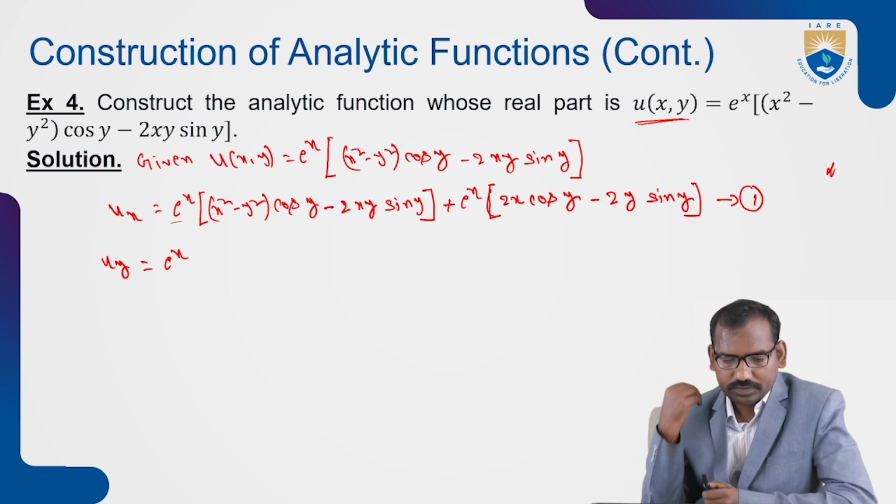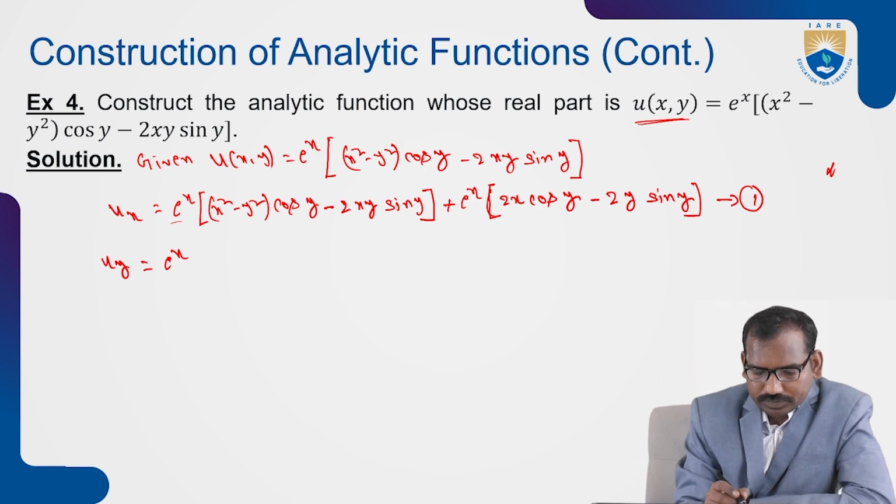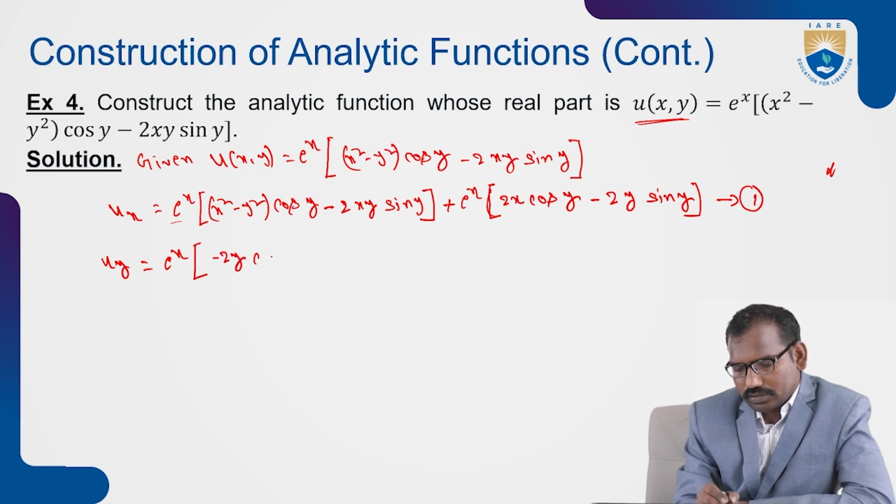Next one, here we are doing partial derivative with respect to y. So here I have minus 2y cos y, minus 2y cos y.